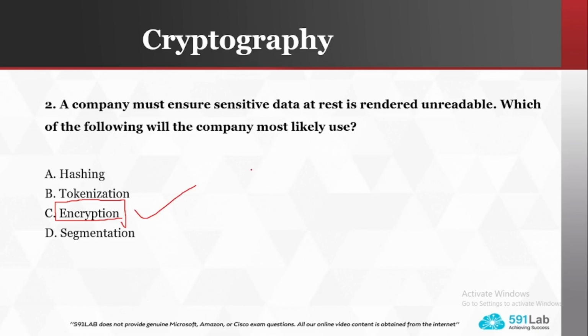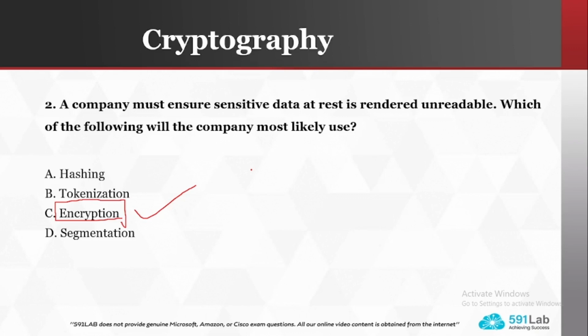Here is why encryption is the correct answer, because it allows direct data protection. That means encryption directly transforms the data itself into an unreadable, scrambled format using a cryptographic algorithm and secret keys, like the Data Encryption Standard algorithm, or RSA, the Rivest-Shamir-Adleman algorithm.